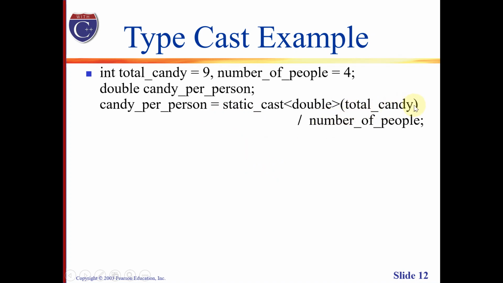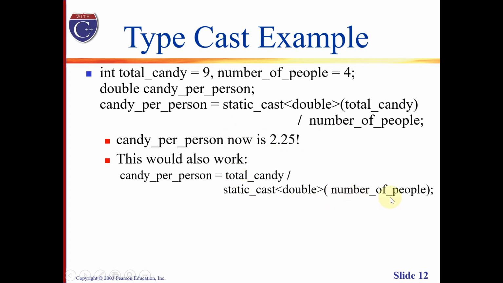In this case, we are going to convert total candy into type double through typecasting. And of course, to do that, we simply do this. Then we indicate the data type that we would like our variable to be converted to. By doing so, we can now expect a correct output.